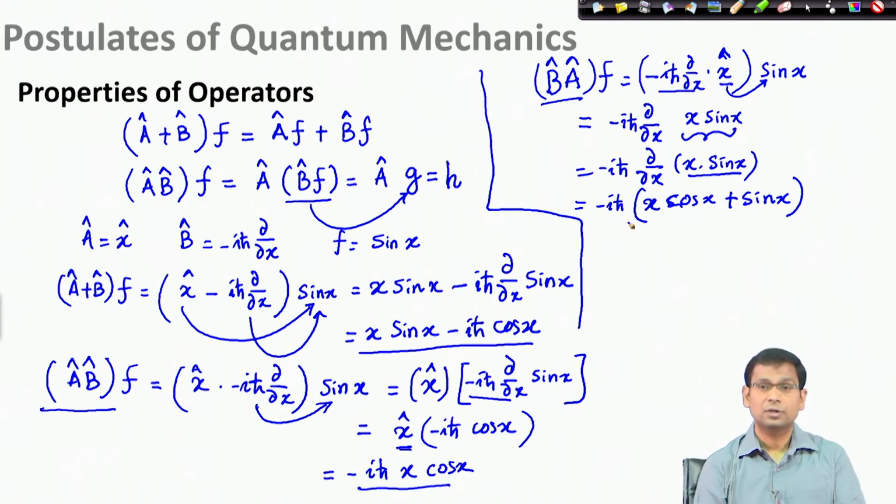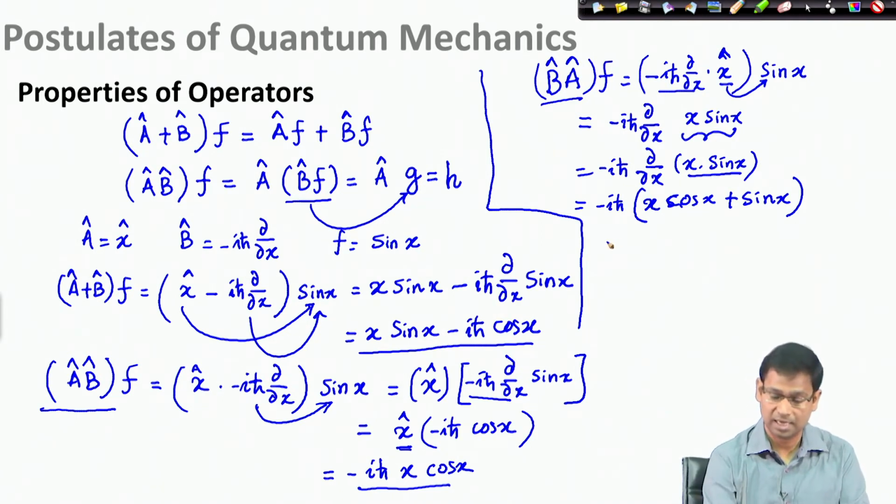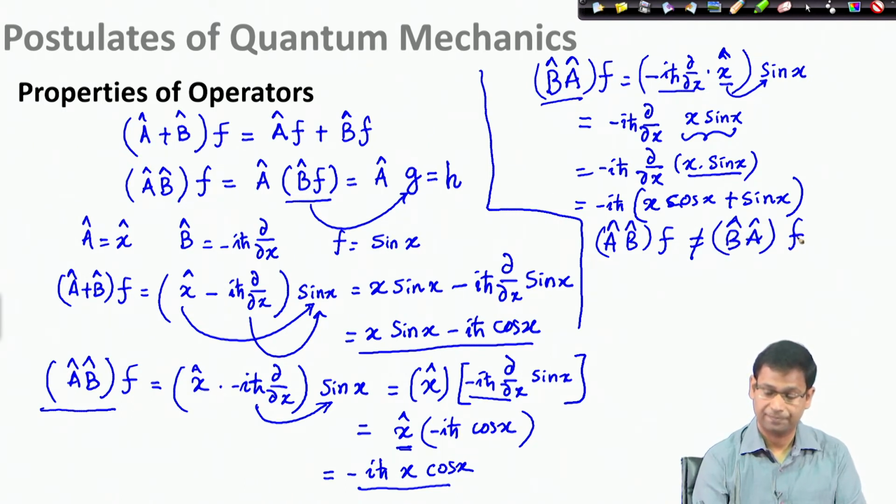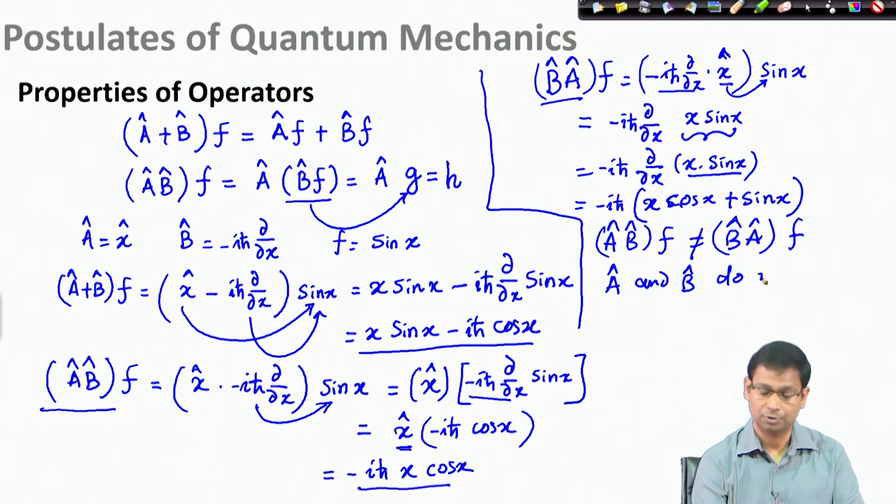So, therefore, the operator algebra is not necessarily always commutative. What I see is that A B f is not equal to B A f. This means, in other words, that operator A and operator B do not commute.